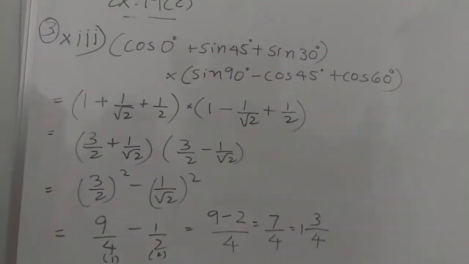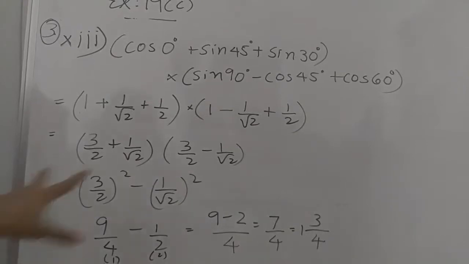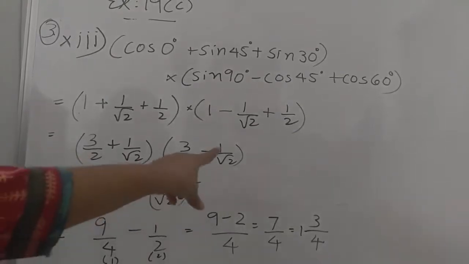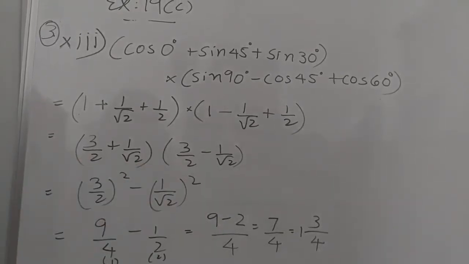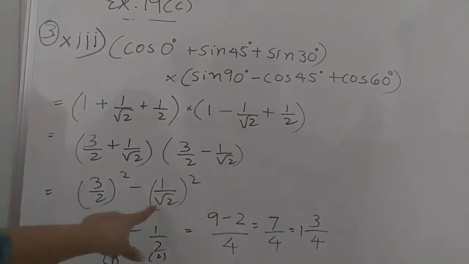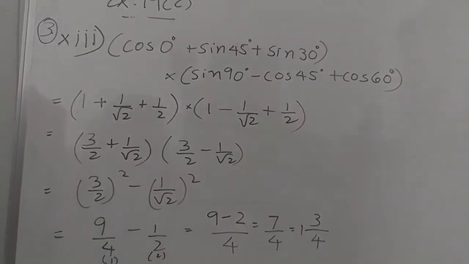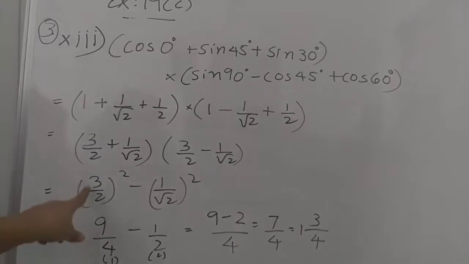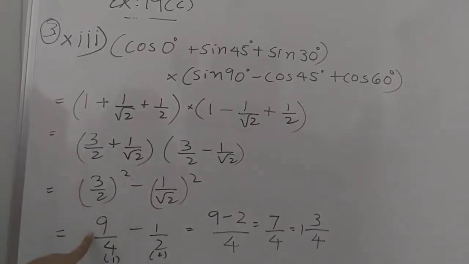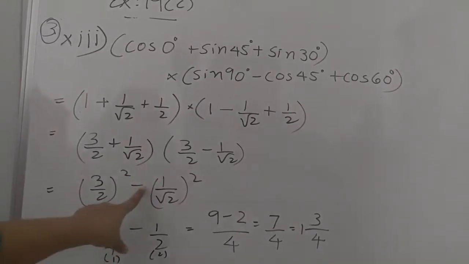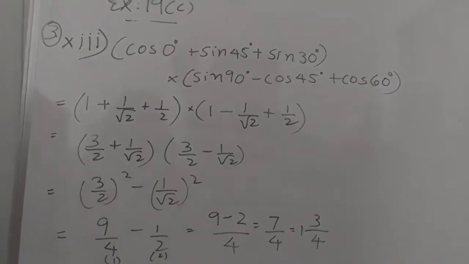Now you can see that it is a plus b, a minus b type of two brackets. Terms are exactly similar. So I can take them as a square minus b square using our factorization. So now a square, that is 3 by 2 square, 9 by 4, minus 1 by root 2 square is 1 by 2.